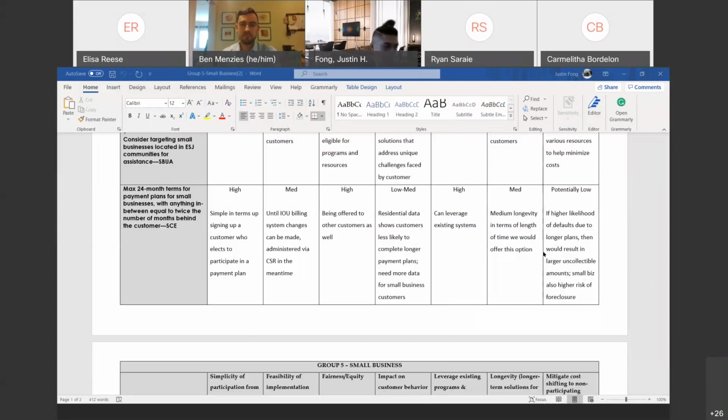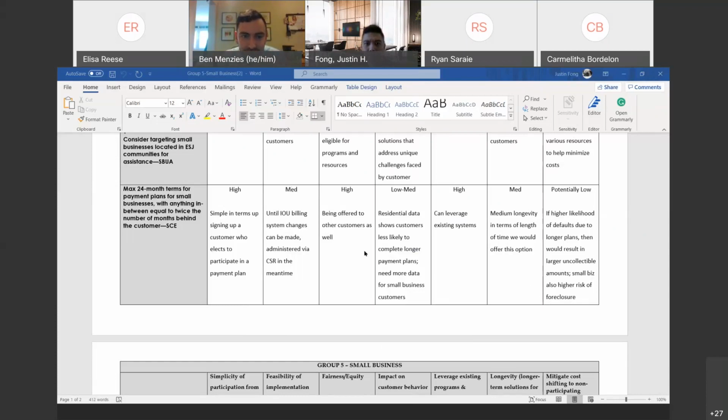The changes to systems make it a medium because right now, Edison is going through SAP implementation, so is San Diego Gas and Electric, and PG&E will need to tweak their system to be able to offer the 24 months. Equity is high, and the impact to customers is also, I'm sorry, I got lost.